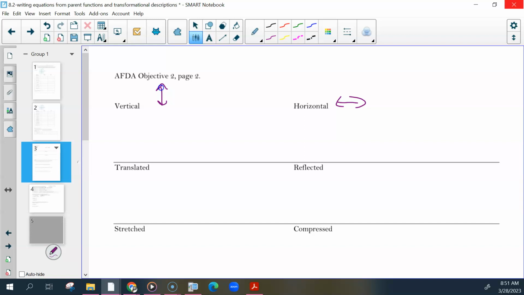That'll make sense in a minute. Affect outside things or your y values. And then horizontal would be the opposite. It affects inside things or your x values.